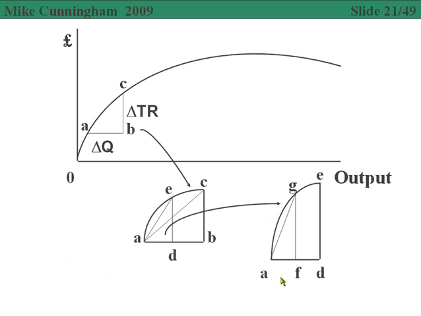So we could divide it off again and say AF, where F is somewhere in here. We're getting smaller and smaller and smaller. And AG now, this new one, not AE anymore, because we've now gone into the middle of this one. AG has a new, higher marginal revenue, but again there's an error.